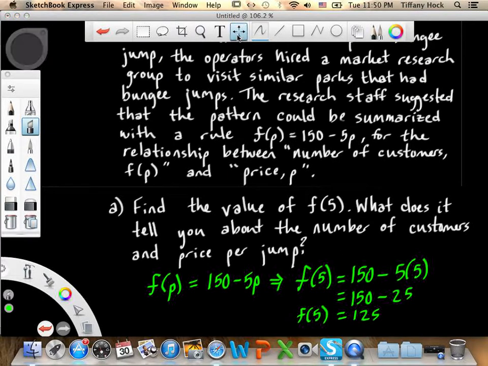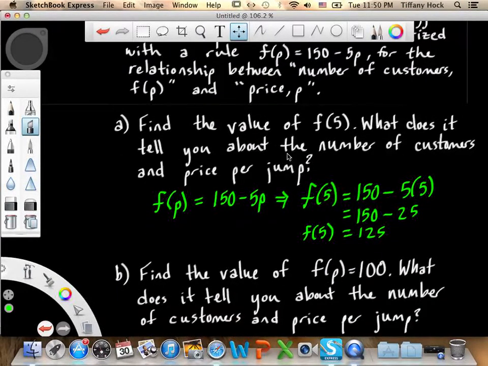All right? Now, what that means in the context. It says, what does it tell you about the number of customers and price per jump? So what we're going to say is, and I'm going to start writing this over here, when the price, because that's what we were given to begin with, that's what this 5 in the f of 5 meant.